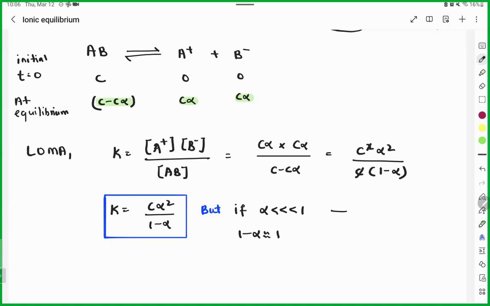In that case, K will be equal to C alpha square, correct? Or alpha square will be equal to K by C, or alpha will be equal to under root K by C.